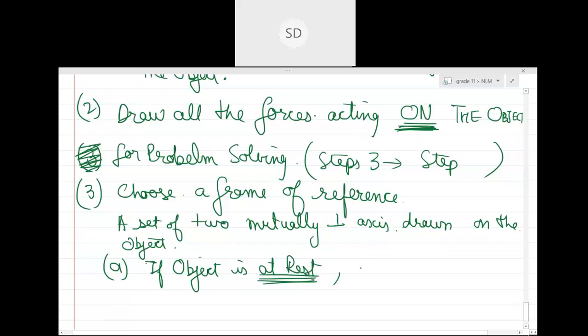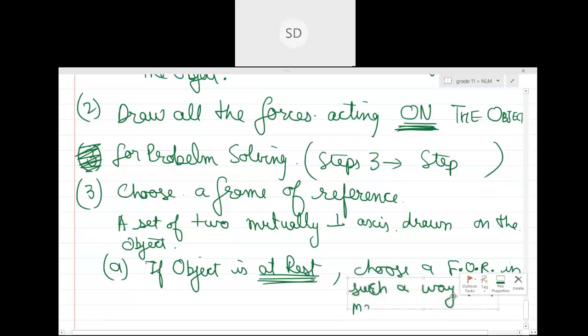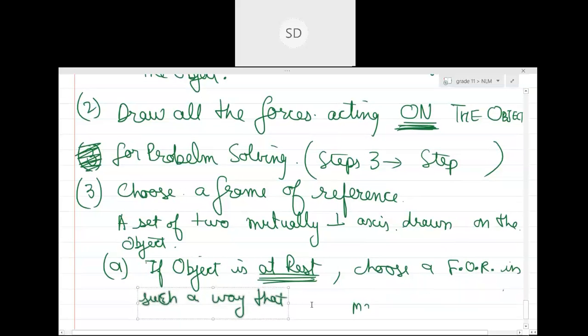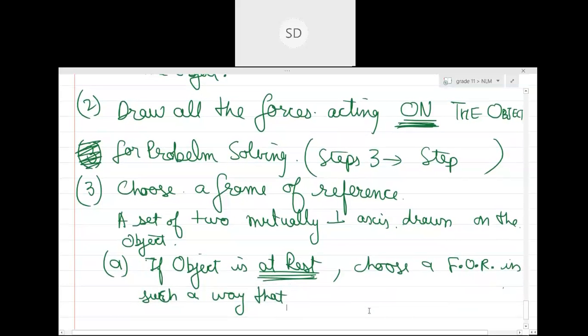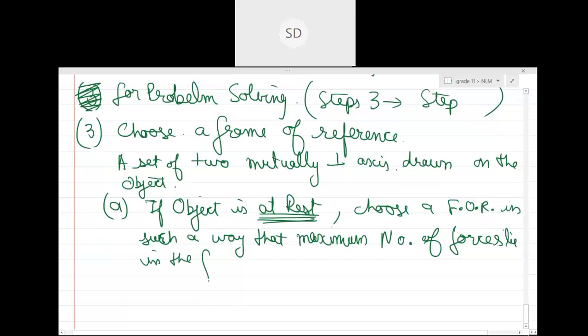Please remember, if the object is at rest, then choose a frame of reference in such a way that maximum number of forces lie in the frame.